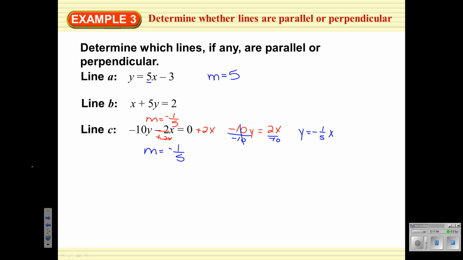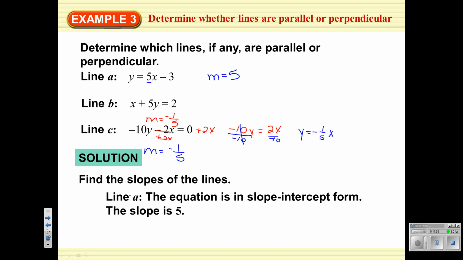So which ones are parallel and which ones are perpendicular? Line A is in slope-intercept, so we already know the slope is 5. Here are the other two slopes.